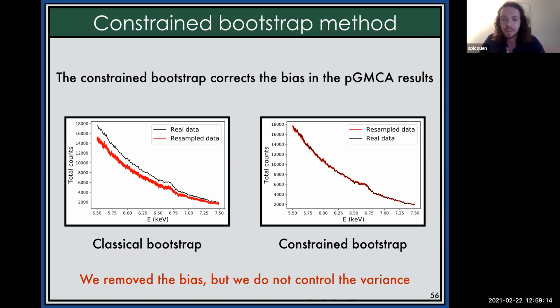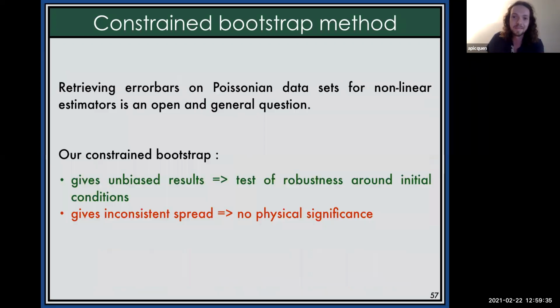So it cannot be useful as such. It's still interesting to quantify the consistency of the PGMCA around the initial conditions given, but it's not able to give good physical error bars. So that's something I would like to continue exploring, but it's not done yet. But yeah, no physical significance.